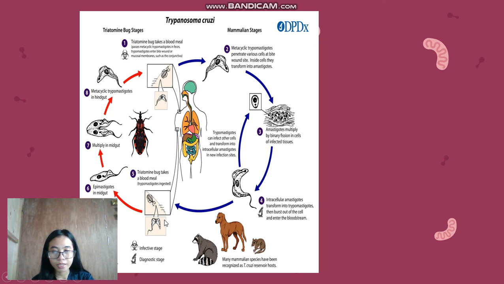So the kissing bug becomes infected by feeding on human or animal blood that contains circulating parasites.